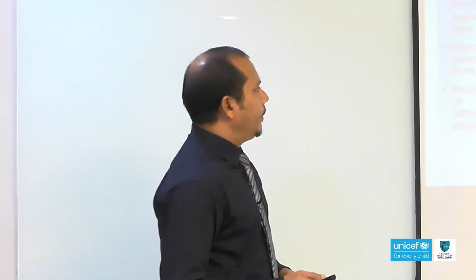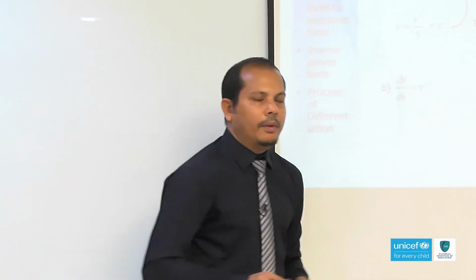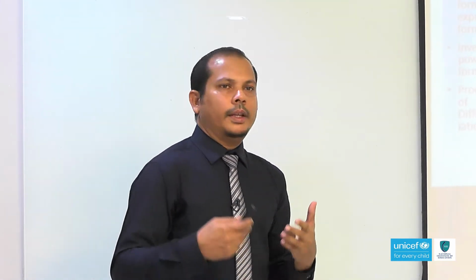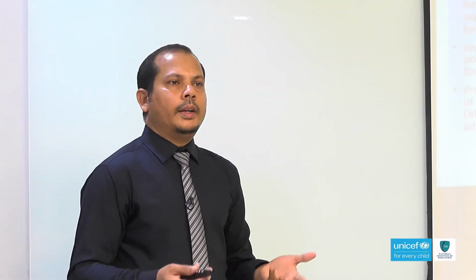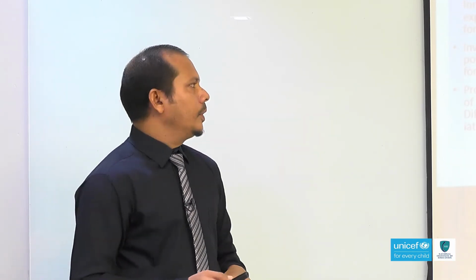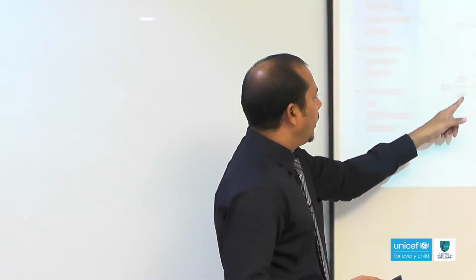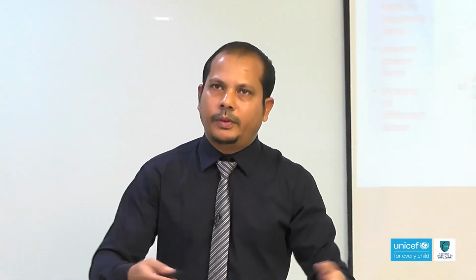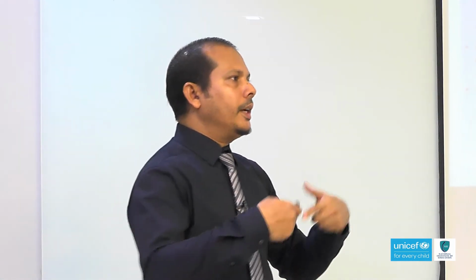Another example, here we have dy by dx equal to x to the power minus 5. So, what is the process? Increase the power by 1 and divide the coefficient by the new power. The coefficient again here is 1. If you increase minus 5 by 1, it will become minus 4.